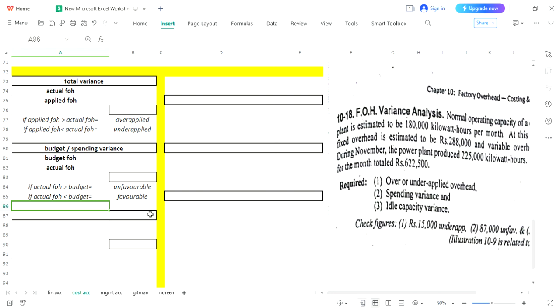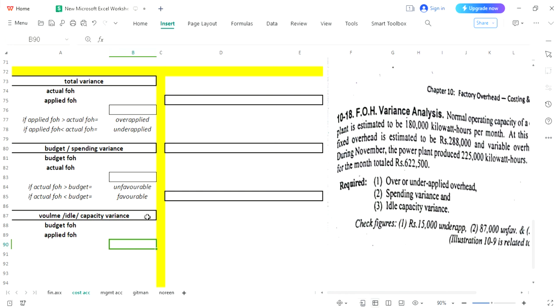The second name of capacity variance is volume variance, or idle capacity variance, and it is a relationship between budget FH and applied FH, with which you will be able to calculate your variance.